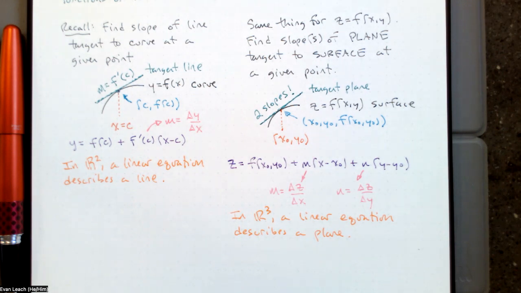If you move to a different location, it will look differently flat. We are approximating our function with a linear equation.